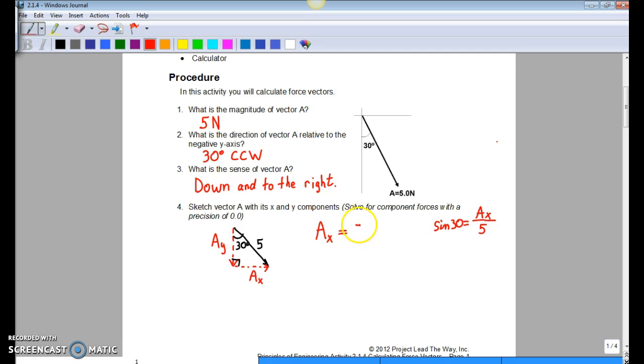To get that by itself, we would take 5 times the sine of 30 degrees. And since that x is positive, again, we're going to the right, so our sense is that it's positive. So A sub x is just 2.5 newtons.